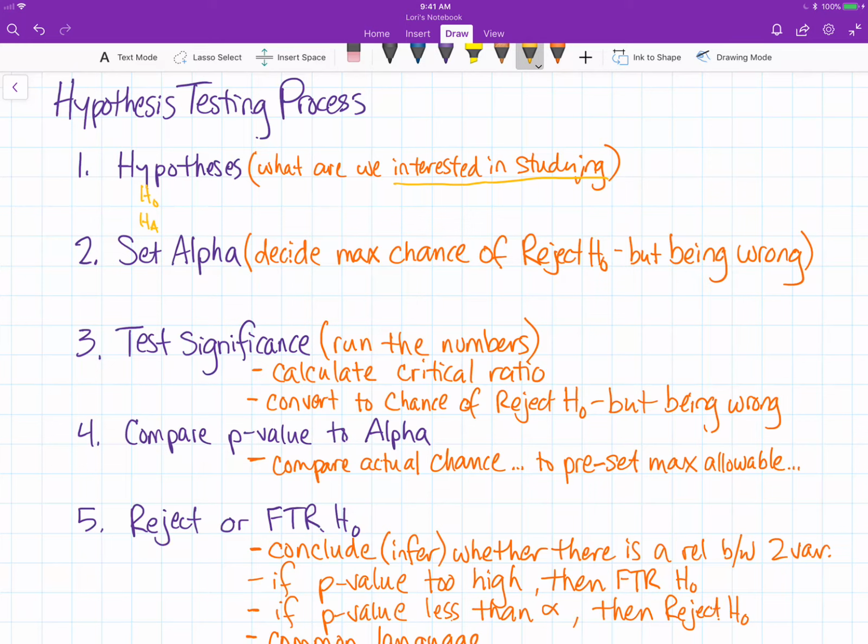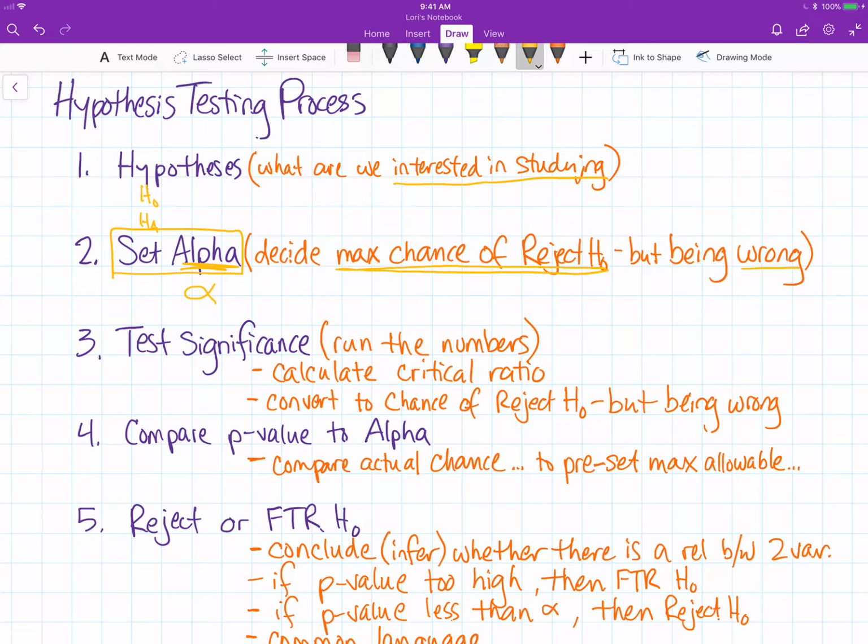The second thing is we need to decide our maximum chance of rejecting the null but being wrong. And so before we even run the statistical test, we make this decision beforehand. We call that a priori. We set our alpha. Alpha, also the Greek letter α, is defined as the maximum chance of rejecting the null but being wrong.